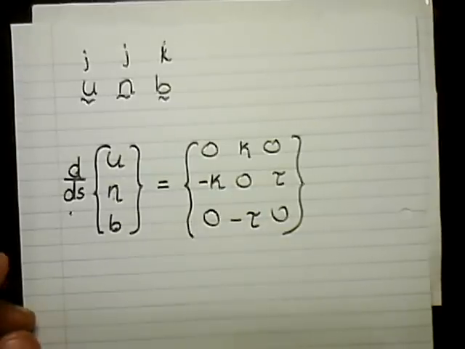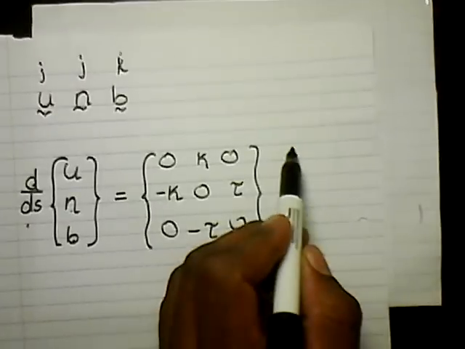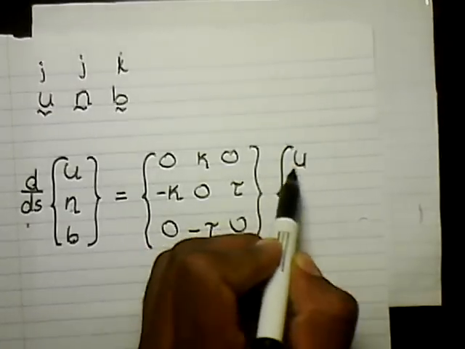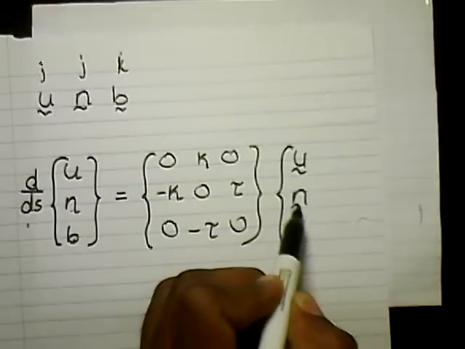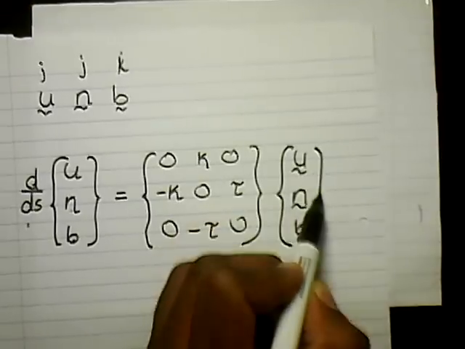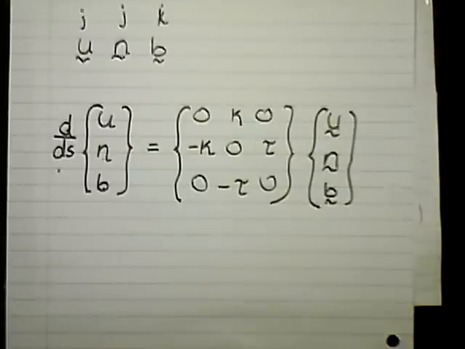Now we multiply this matrix by u, n, and b. From this matrix, this is what you get.